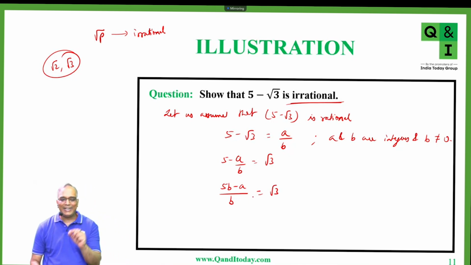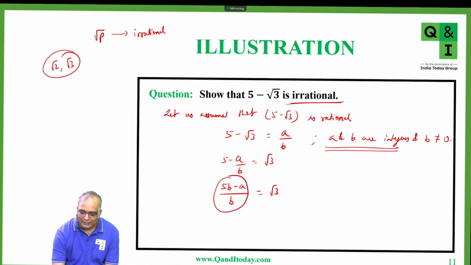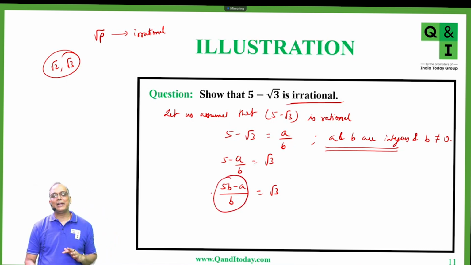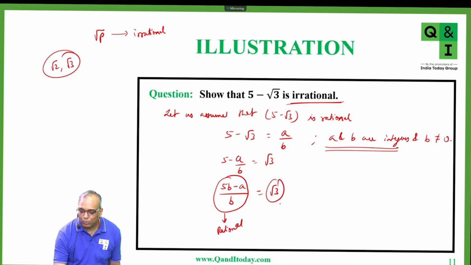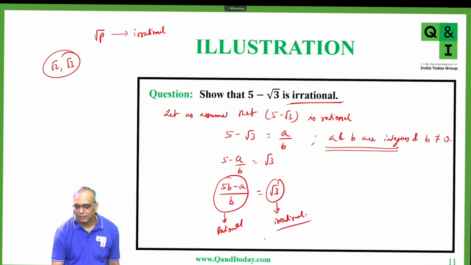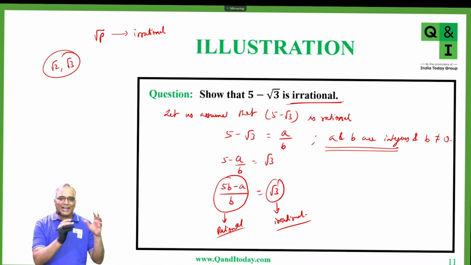Now since a and b are integers, right? So this whole thing is what? An integer divided by an integer, which is a rational number. And root 3 is what? Irrational. So you can never equate a rational number to an irrational number, right?